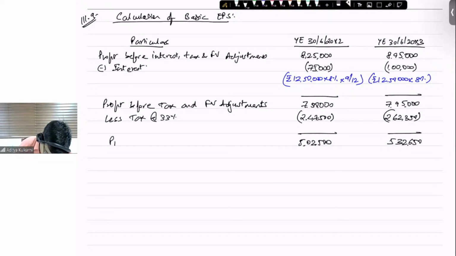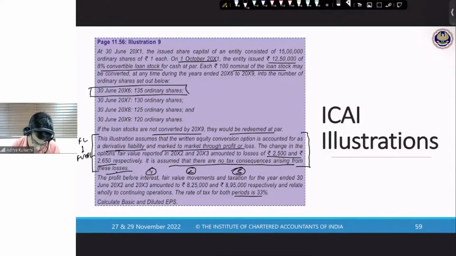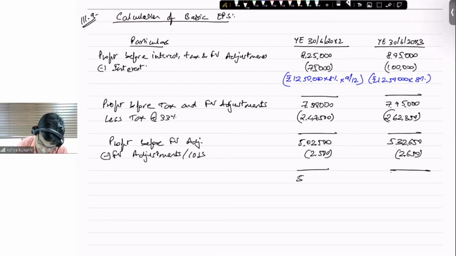This is profit before fair value adjustments less fair value adjustments, which is how much? Well, my fair value adjustments, that is your loss essentially, is 2,650 for X3 and 2,500 for X2. So we are left with 5 lakhs and 5,30,000.